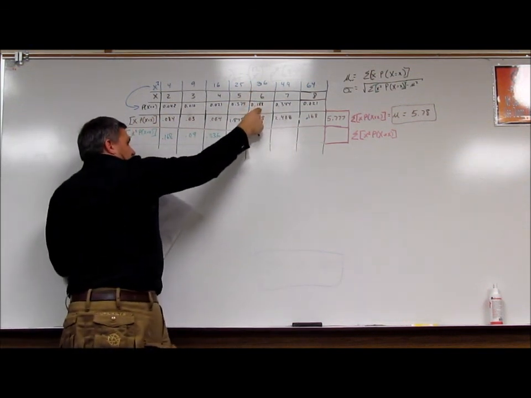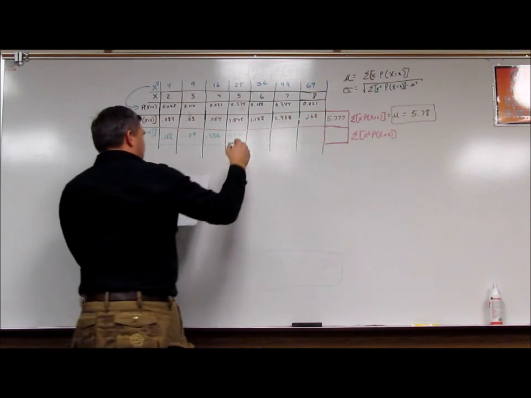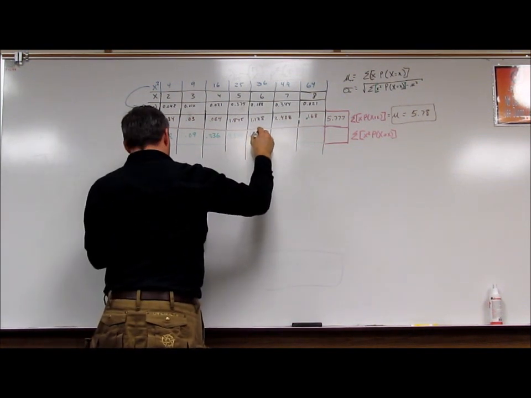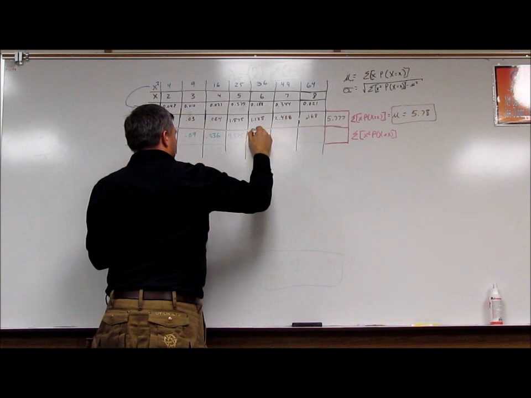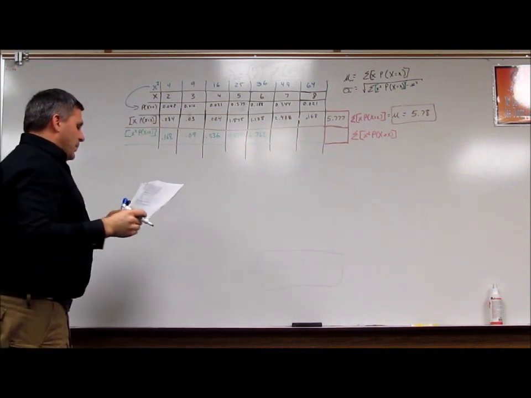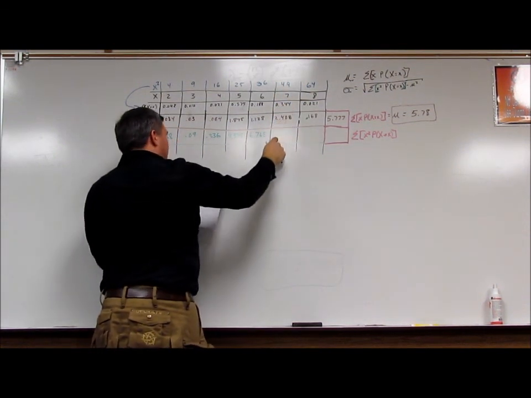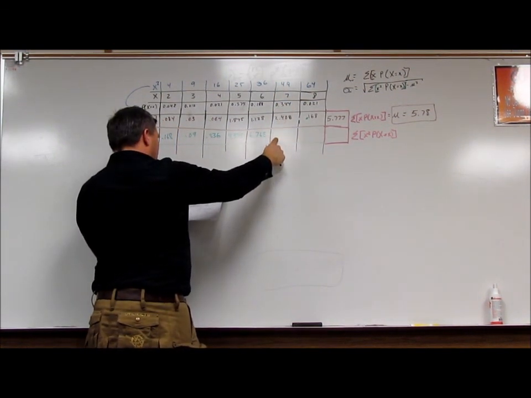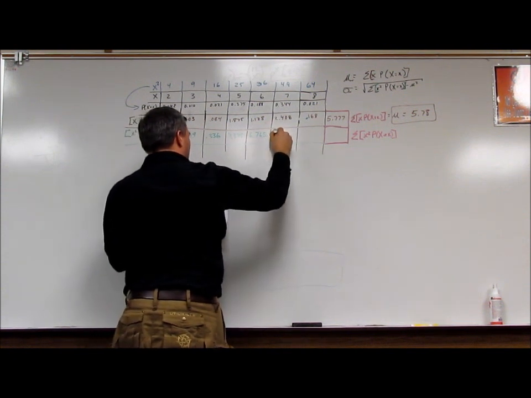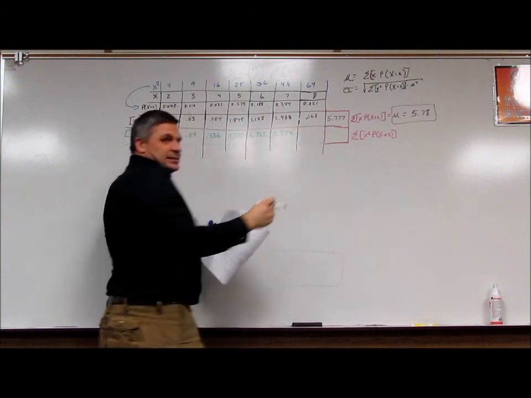36 times 0.188 gives us 6.768. 49 times 0.344 gives us 16.856.